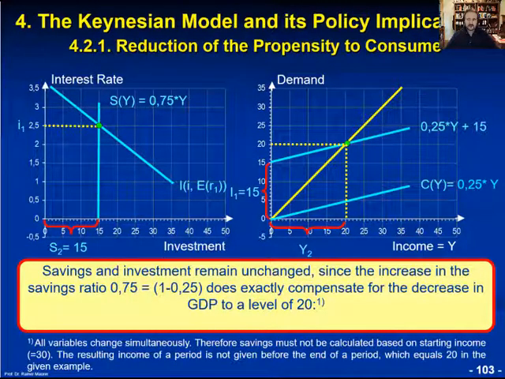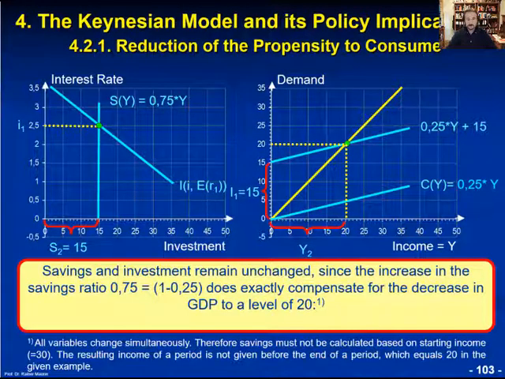Will the higher savings ratio of 75% now actually cause an increase in savings such that the investment demand for goods grows and perhaps compensates for the reduction in consumption demand, as we have observed under neoclassical assumptions?